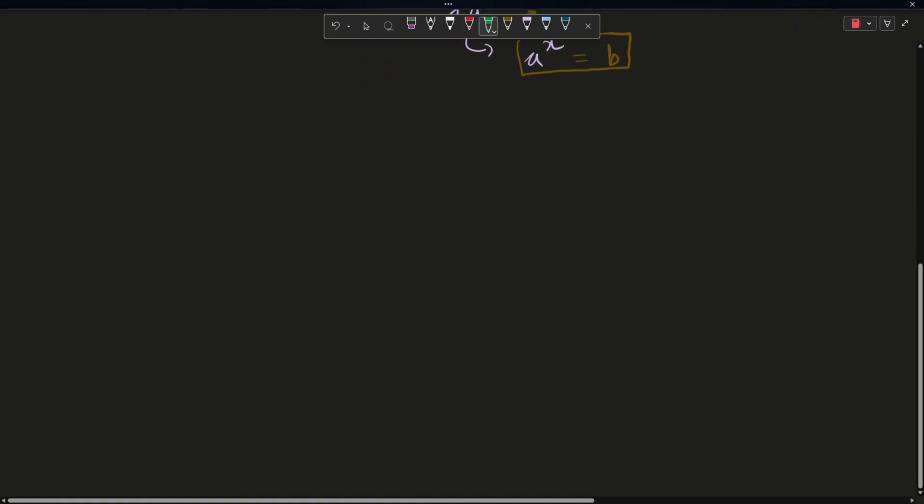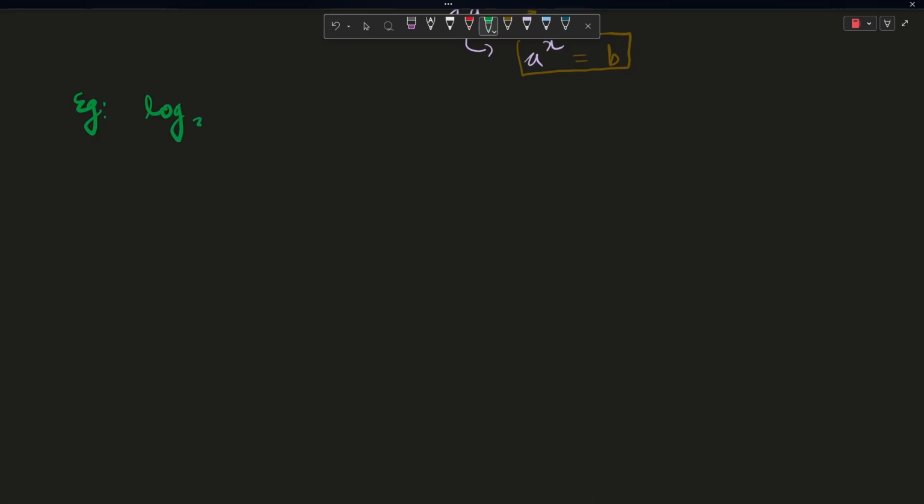Let's take some examples. For example, I'm taking log 9 to the base 3. When I talk about this, I can say that it could be simplified as log 3 squared to the base 3, or 2 log 3 to the base 3. This will become 1, and hence the answer comes out to be 2, right?